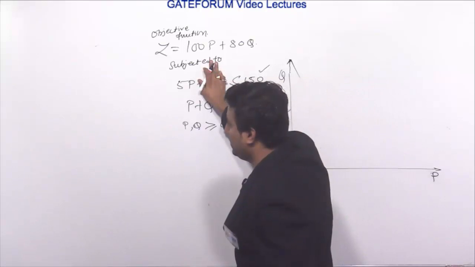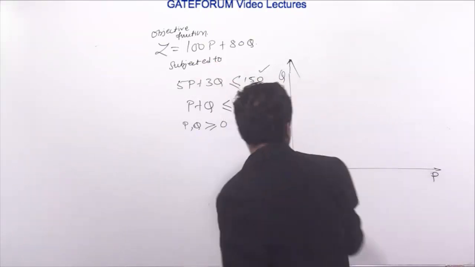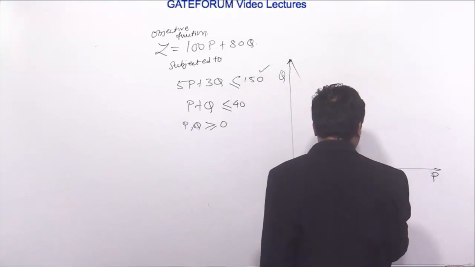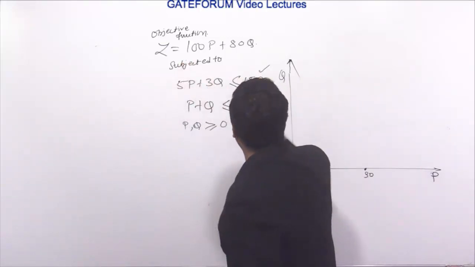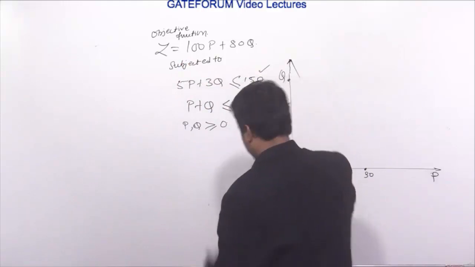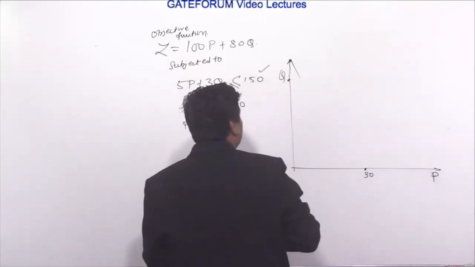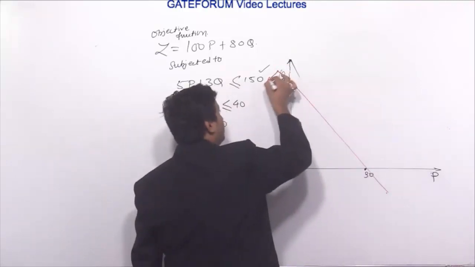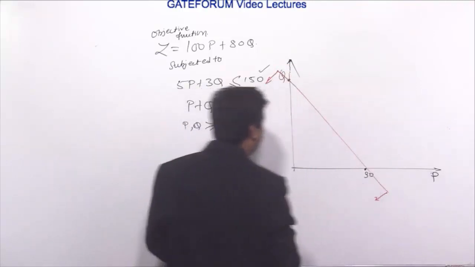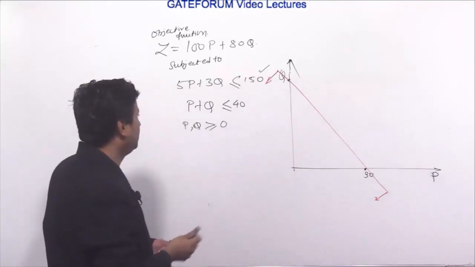What will you get? P is equal to 30. So let me take the point 30 here. If P is equal to 0, what will you get? Q is equal to 50. By joining these two points you get the first line, which should be less than or equal to. Now let me go for the second line.